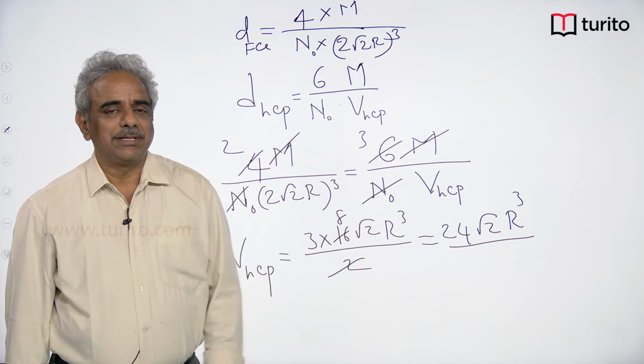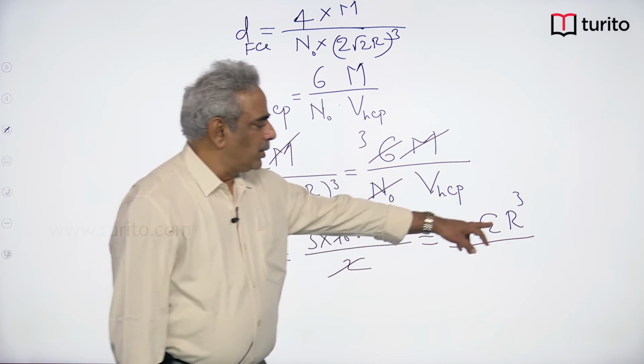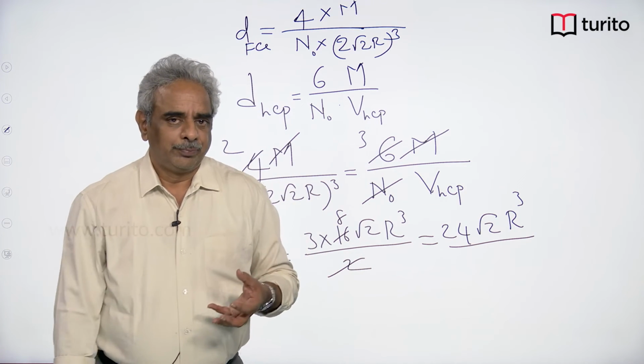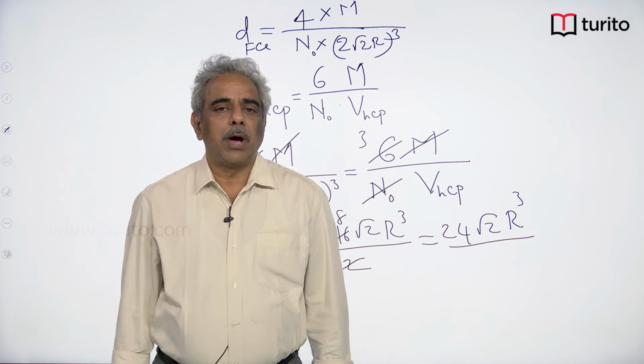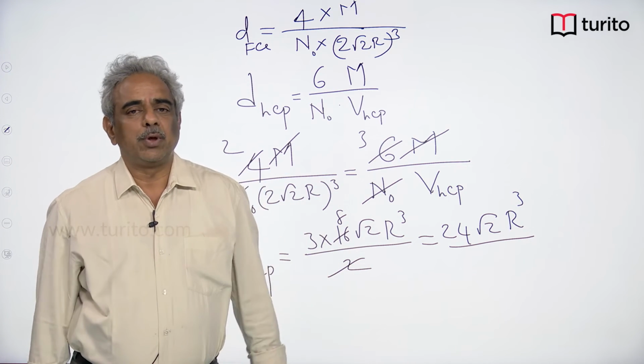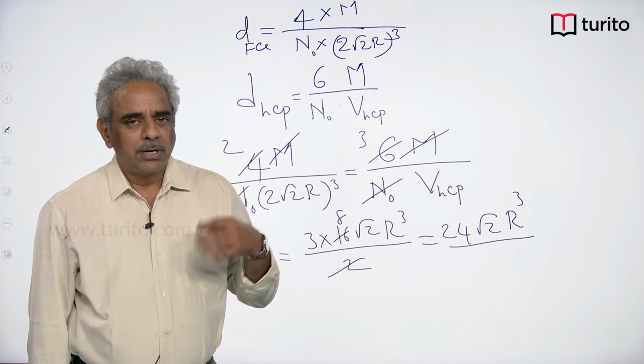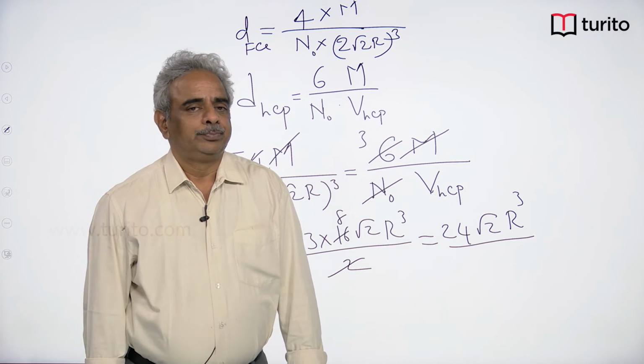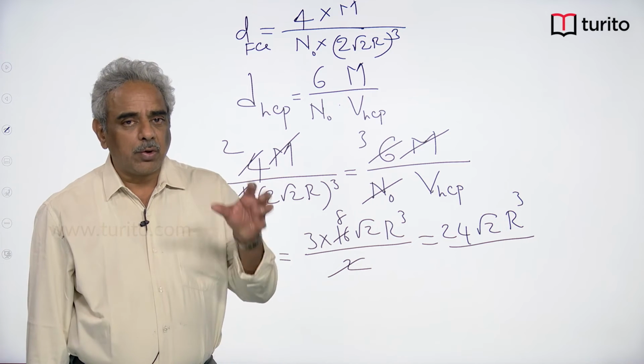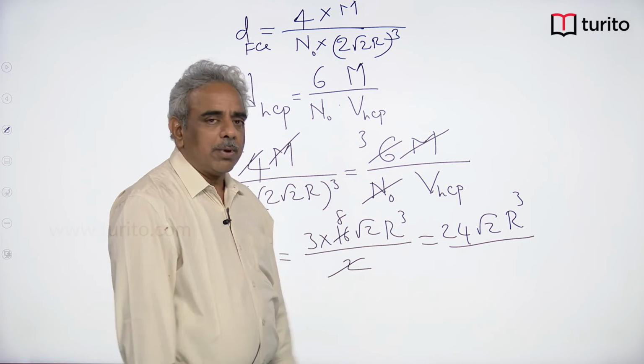This is as simple as this. Definitely the volume depends on the radius of the sphere. If you make a HCP unit cell with footballs, or with table tennis balls, the volume will not be the same. So, the volume depends on which sphere you are taking. So, this is the volume of HCP unit cell.